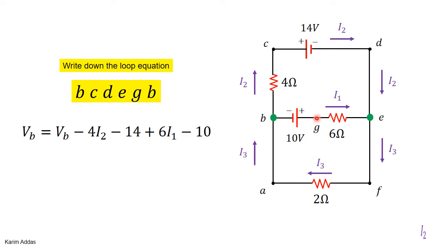And then when I go from G to B, the potential at B is lower or higher than G? The potential at B is lower. Lower by how much? By 10 volts. So now I've arrived back at the same point, and the potential then is VB. So that means that VB is equal to VB minus 4I2 minus 14 plus 6I1 minus 10. And so you can cancel the VB, this loop equation.